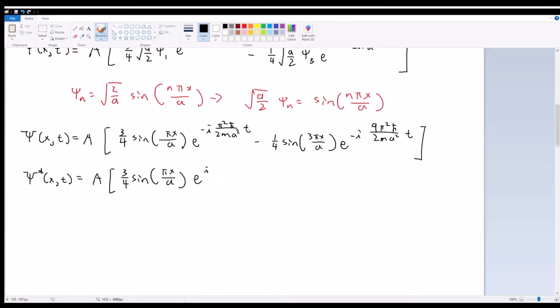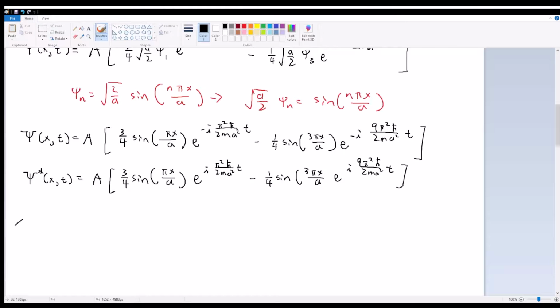So positive i pi squared h bar over 2ma squared times time, minus 1/4 sine 3 pi x over a, e to the positive i 9 pi squared h bar over 2ma squared times t.